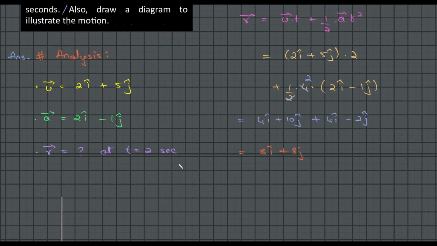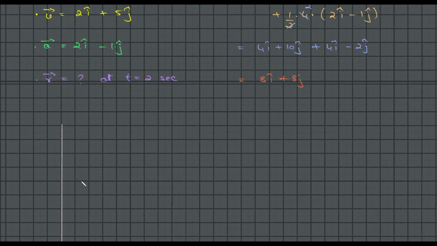The particle was initially at 0. So this is where the particle is. That's what we are assuming, so r naught is 0.